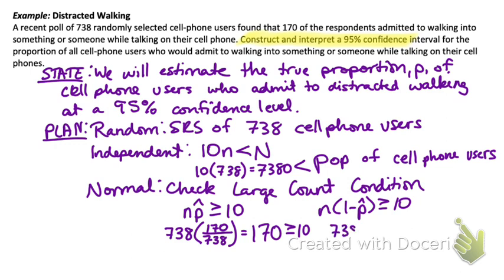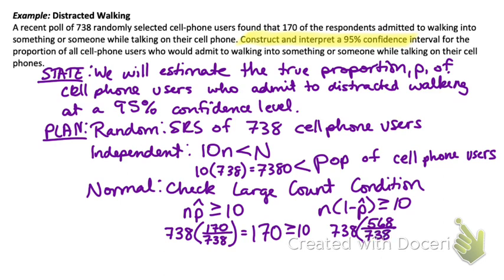Now we got to look at the number of failures. If 738 people total and 170 said that they do distract walk, then how many do not distract walk? 738 minus 170, which is 568.